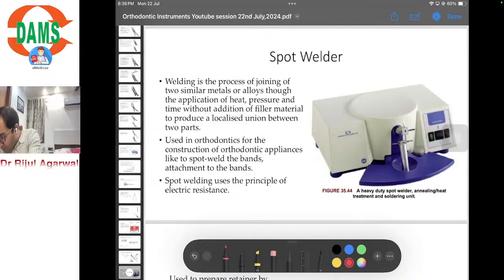The bands are placed here, the current is passed, and the band gets welded. An additional purpose is heat treatment and soldering as well, but it is not present in all varieties of spot welder, but you should know. So identify the instrument. This is a spot welder.